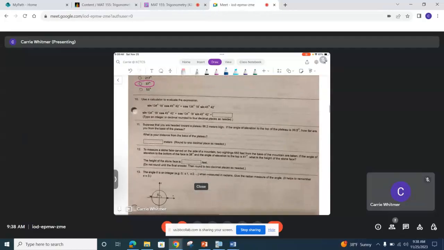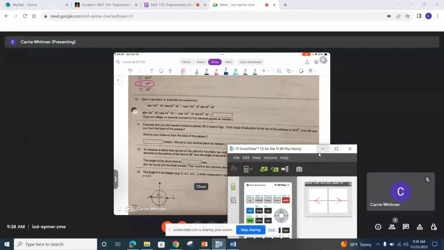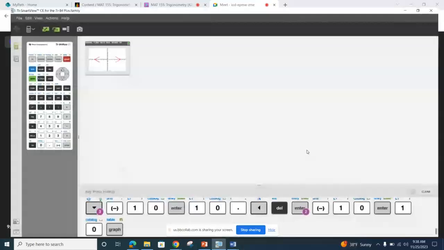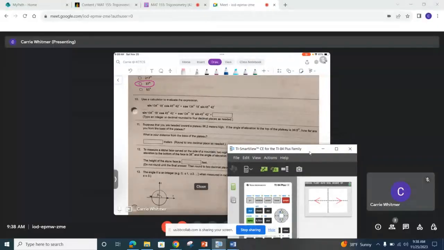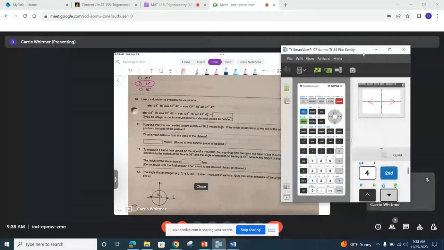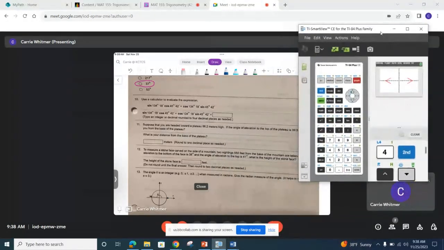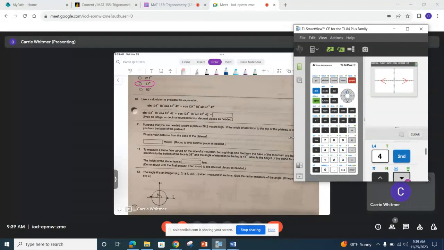Okay, number 10, when we use our calculator here, I'm going to type this in. I need to make sure that I am in degree mode. Try to make this a little bigger so you all can see it. There we go.